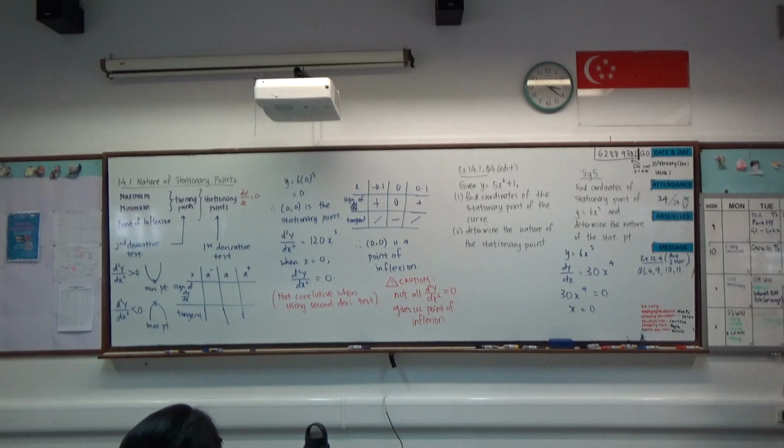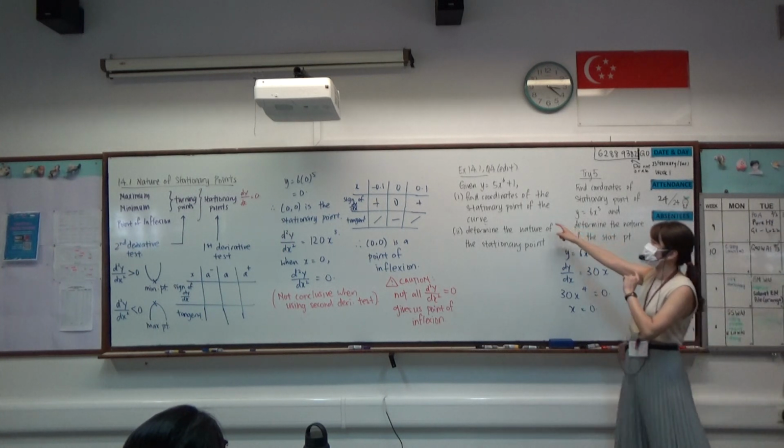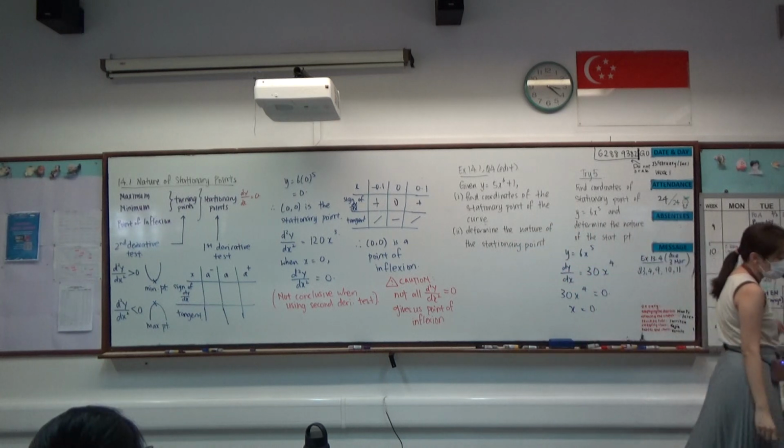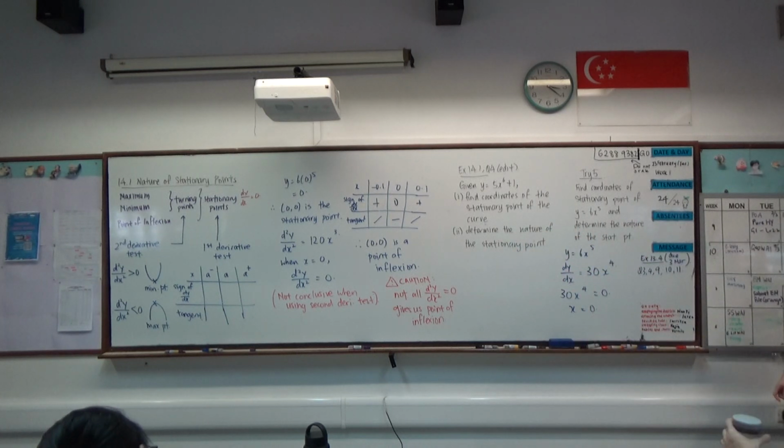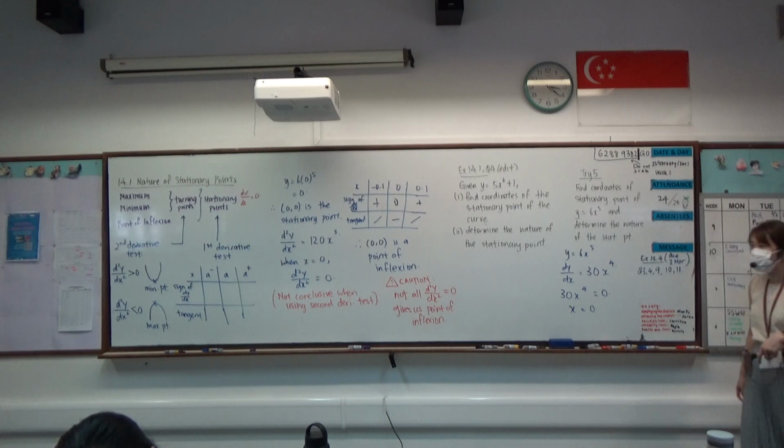I believe you're already familiar with how to do part I. Alright, so could you do part I now? I'll just give you 3 minutes. Determine what is the coordinate of the stationary point.